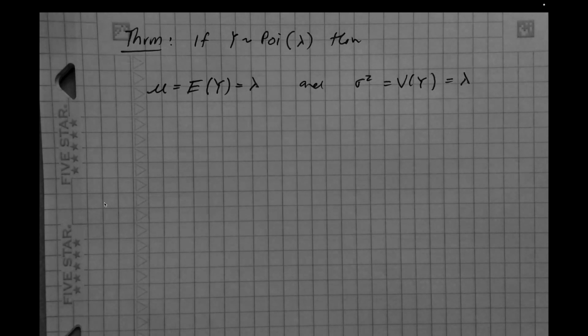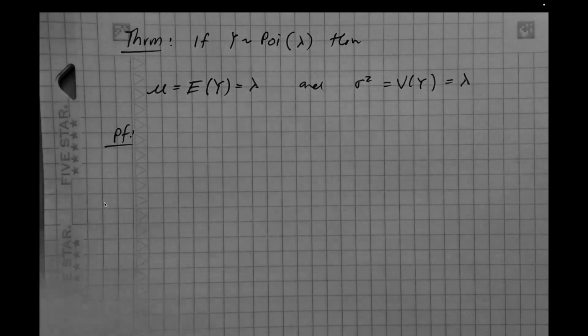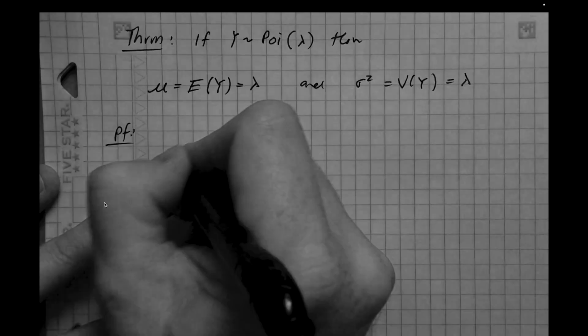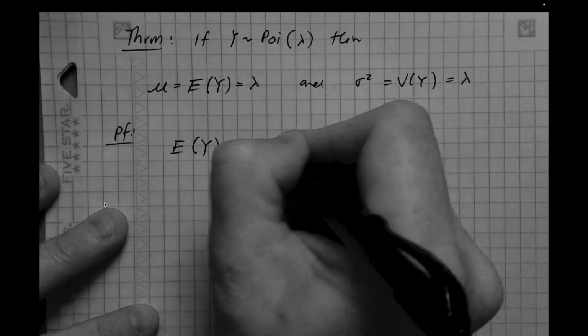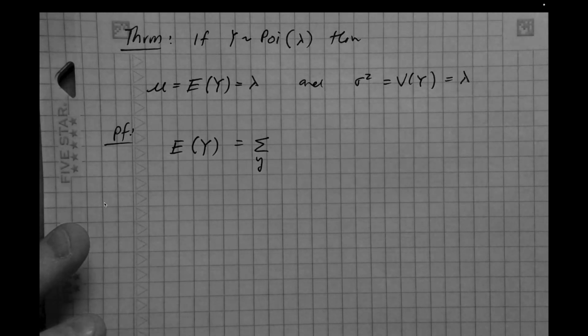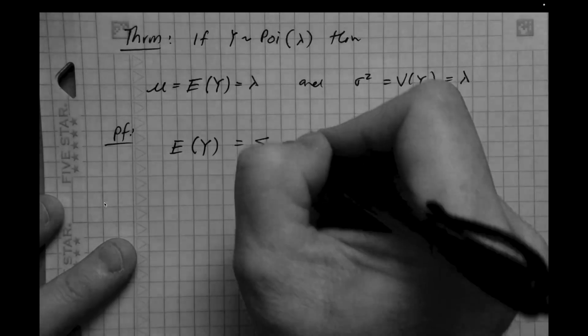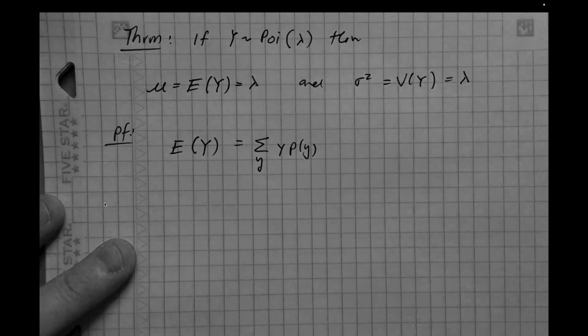Let's go ahead and take a look at the mean here and prove that this is the case. This isn't too difficult of a proof. So we'll start by just defining what we mean by the expected value. In this case, this is equal to the sum over all the y's. Remember, y is from 0 to infinity, positive integers. So it's the sum over all the y's of y times the probability of y.